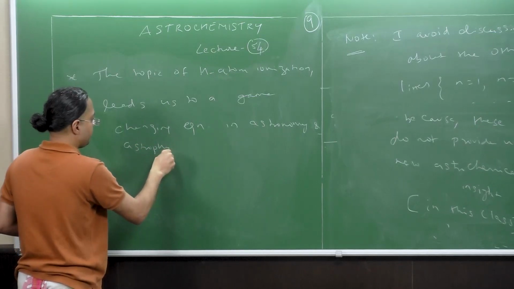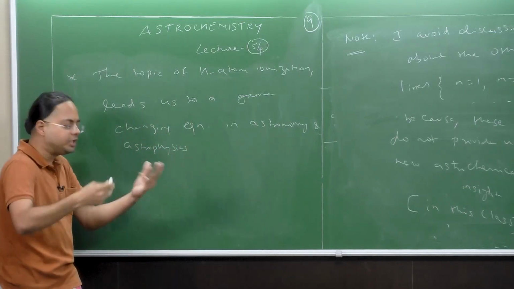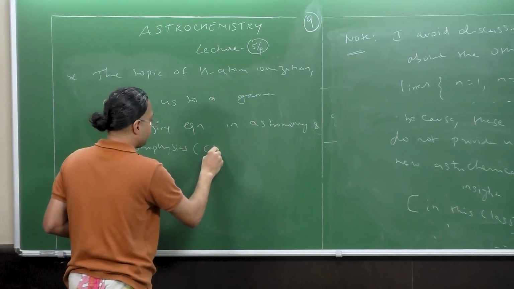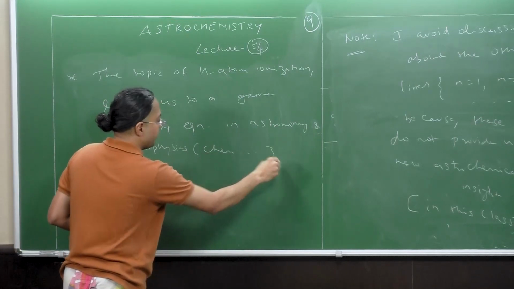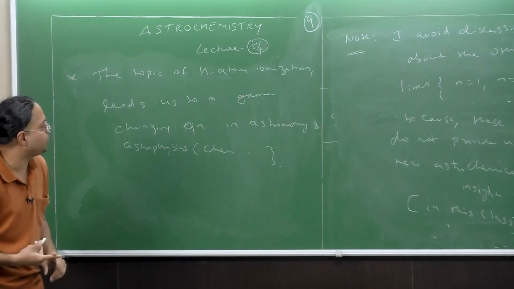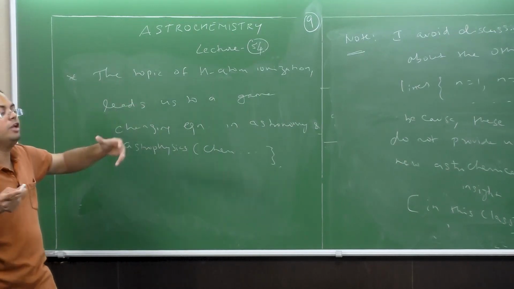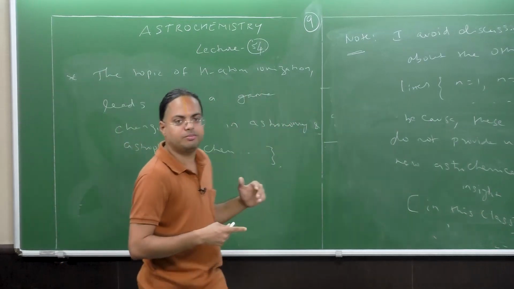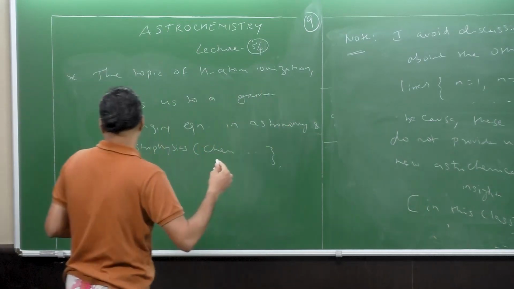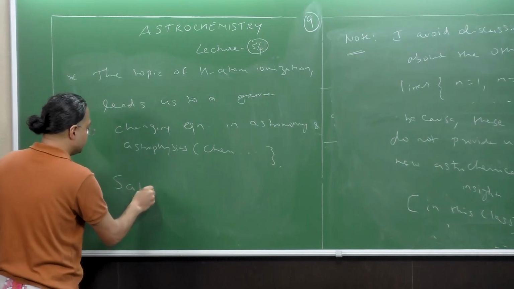I mean, by extension also to astrochemistry. Can you guess the name of the equation? We're talking about hydrogen atom ionization, especially in the context of local thermal equilibrium. The equation is what is called the Saha equation.